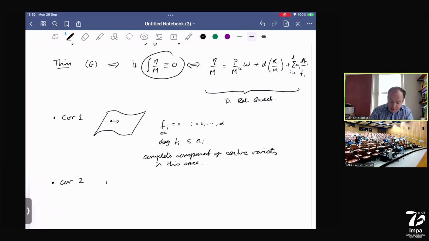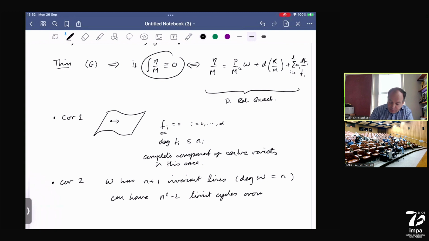In particular, we will show in the case when omega has n plus 1 invariant lines, so the degree of omega in this case is n, we can have n squared minus 2 limit cycles around a critical point by perturbation.